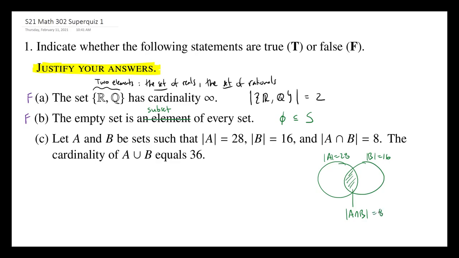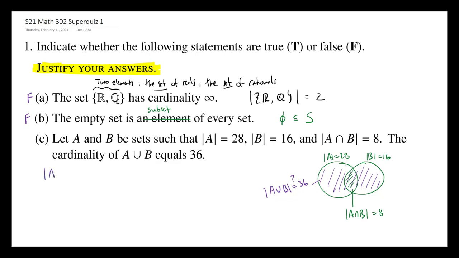Okay, and then the claim is that the cardinality of the union, which is everything that shows up in A or in B, so this purple region, is 36. It's possible that you know a formula for computing the cardinality of a union.